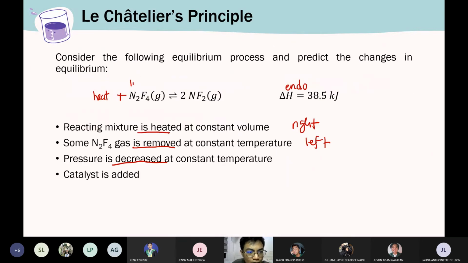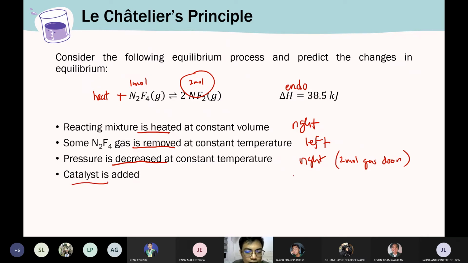On the left side, you have only 1 mole of gas. On the product side, you have 2 moles. So by decreasing pressure, you favor more moles of gases, meaning the reaction goes to the right, because there are 2 moles of gas there.